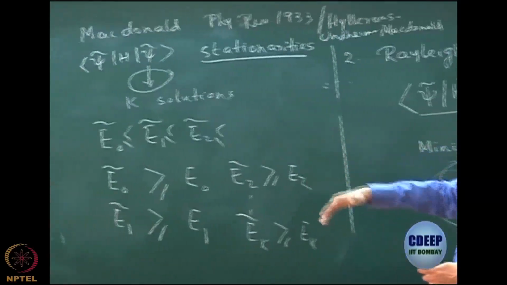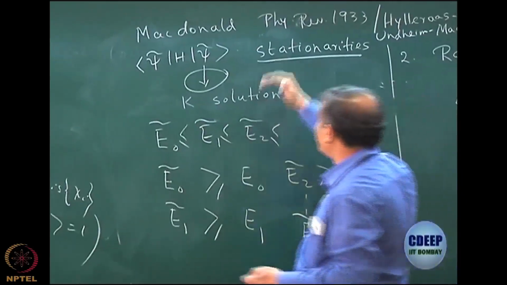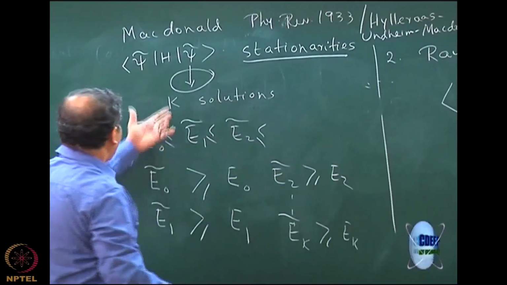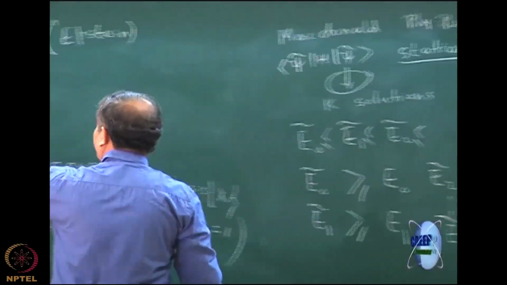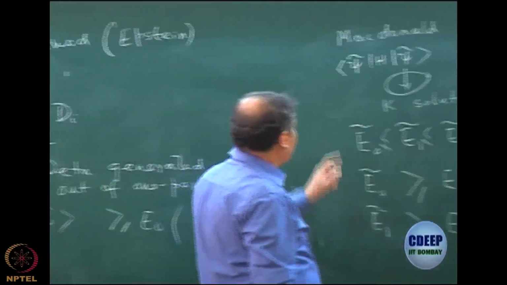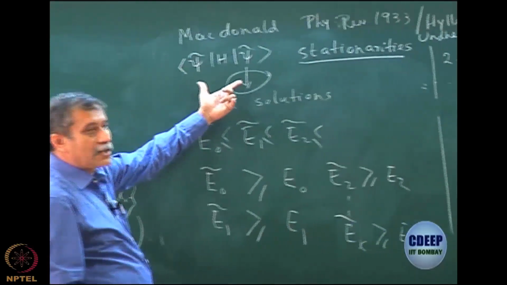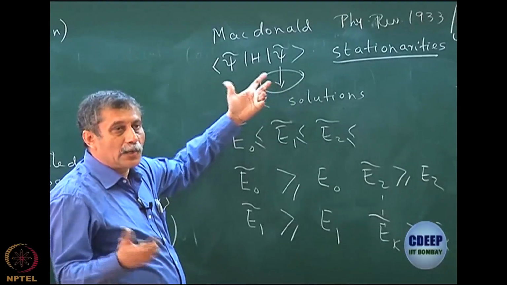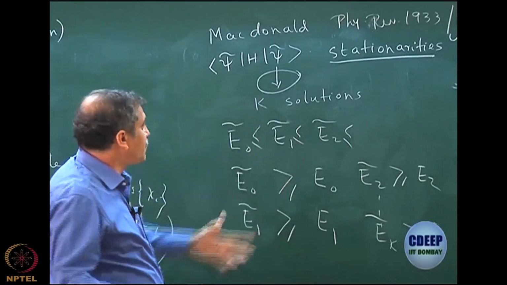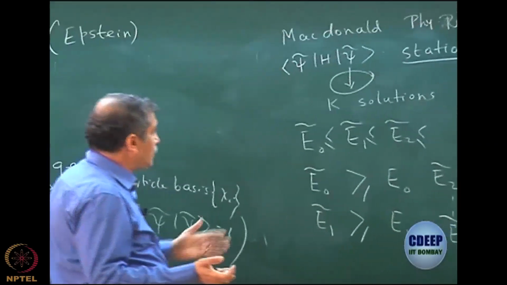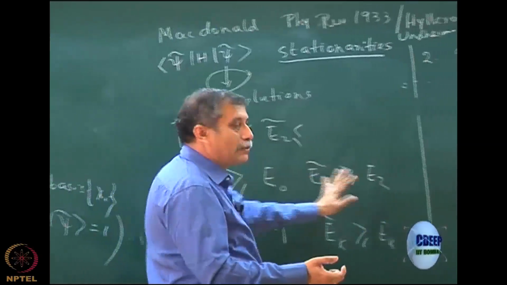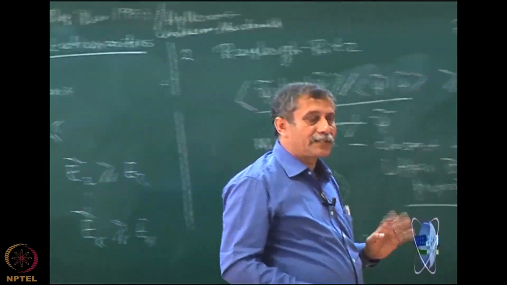But if you solve these, then whatever you get by stationarity, and stationarity essentially means you expand this psi tilde in this basis and make these Ci tildes stationary, so that the first order change becomes 0. That is always the meaning of stationarity, right? First order change is 0. Do that calculus, you will get some results, and this is what you will get.